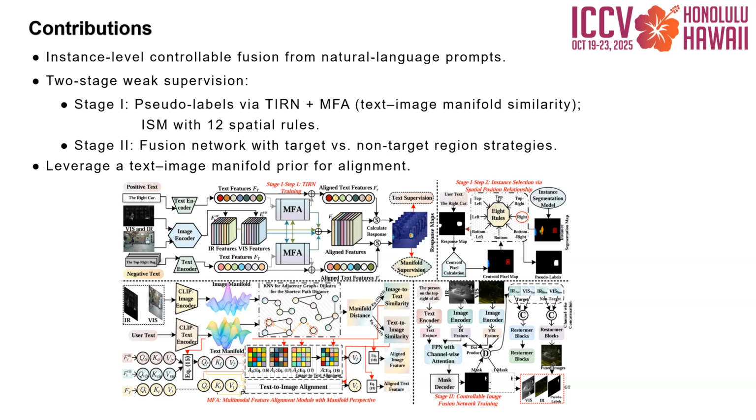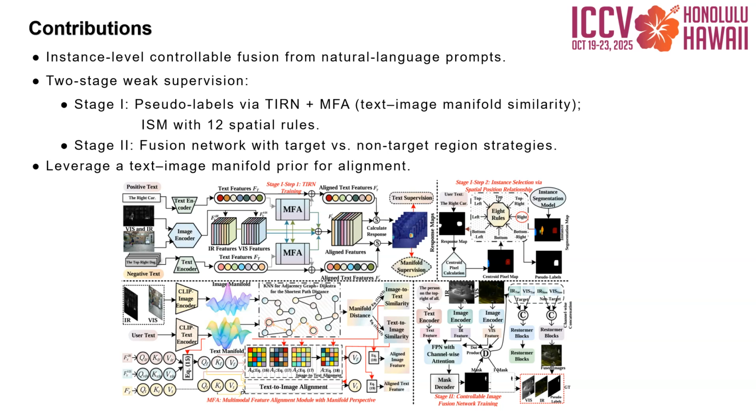We contribute three main ideas. First, we introduce an instance-level controllable VS, IR fusion framework that responds to free-form text. Second, we adopt a two-stage weak supervision pipeline. Stage 1 generates pseudo-labels for the referred instance from text. Stage 2 trains a fusion network with region-specific strategies for target versus non-target areas. Third, we design the key components that make this possible.